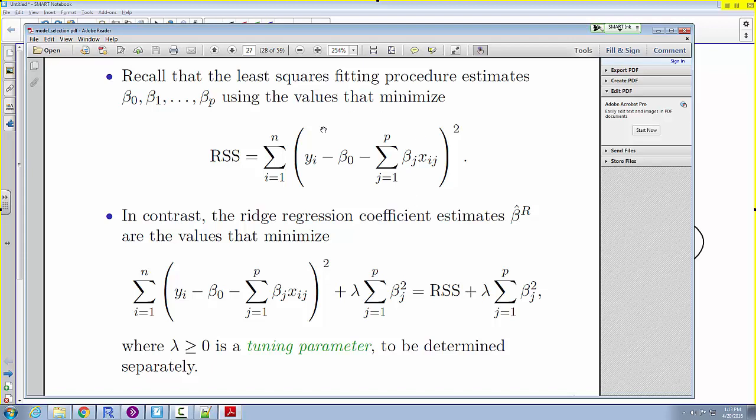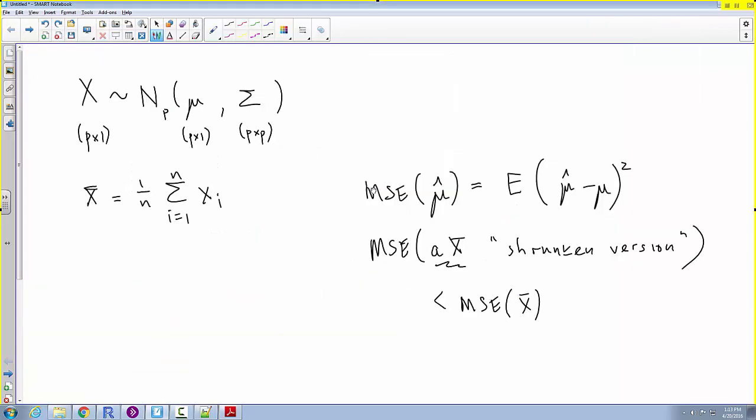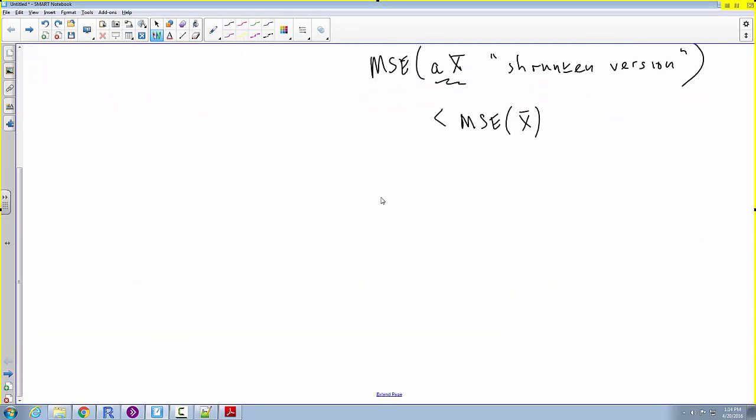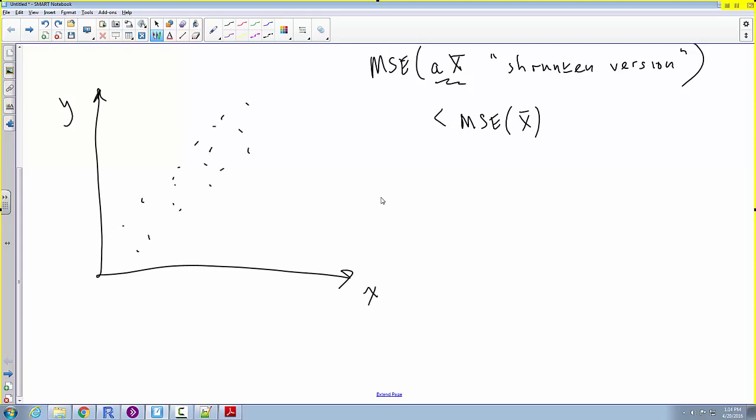If you're going to fit a linear regression model, the idea, let me just draw a picture real quick here. If we just had one continuous response variable and one continuous predictor variable, we would observe some data and then find the line that does the best at going through the bulk of the data in some way.